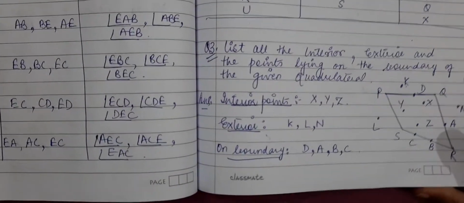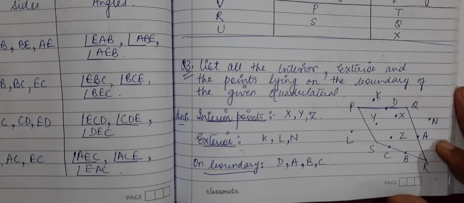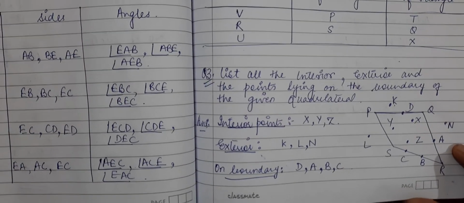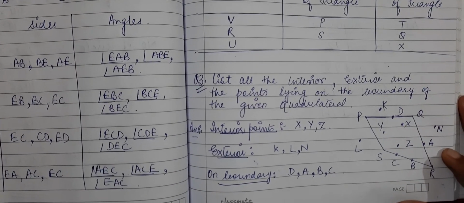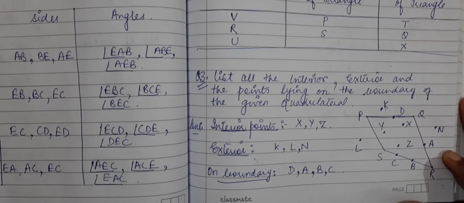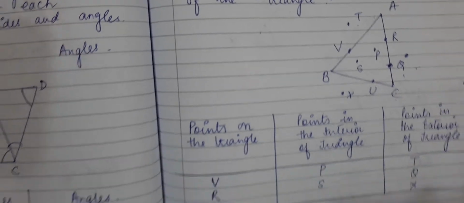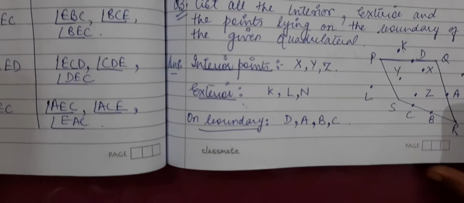Now let's move to question number 3. Here a quadrilateral is given to you, and you have to tell the points which are in the interior, exterior and on the boundary of the quadrilateral. The same way as we have done in the triangle, we are going to do in the quadrilateral also.